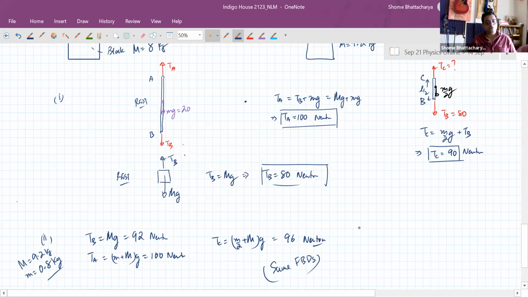So now you can also imagine a third case where suppose we had capital M almost equal to 10 kg, slightly less, and small m is tending to 0, is negligible. Then tension at all the 3 points would be equal.